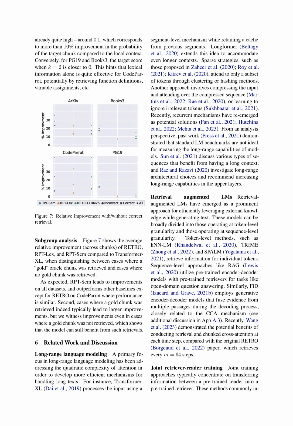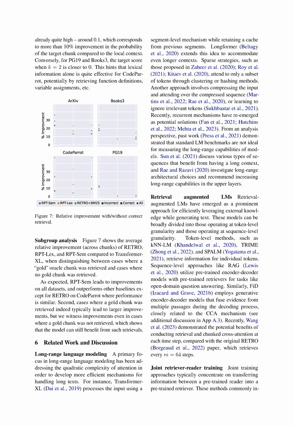On the other hand, sequence-level models, such as RAG, use pre-trained encoder-decoder models in combination with pre-trained retrievers for tasks like open-domain question answering. FID, for instance, uses generative encoder-decoder models to amalgamate information from multiple passages during the decoding process. This method is closely linked with the CCA mechanism.